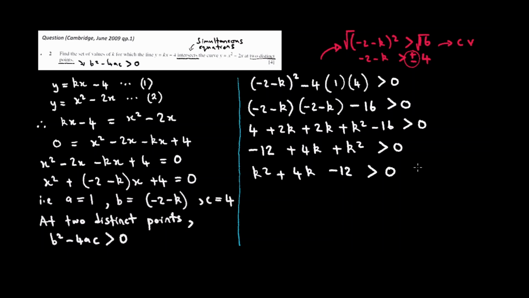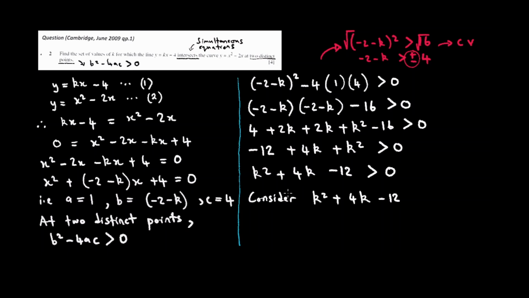Take note carefully. K squared plus 4k minus 12 is greater than 0, like that. Okay, what I want to do here is consider k squared plus 4k minus 12. I want to separate it from our solution so that I can factorize it separately.